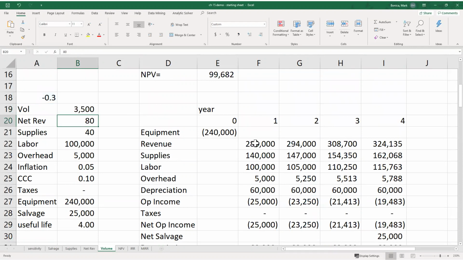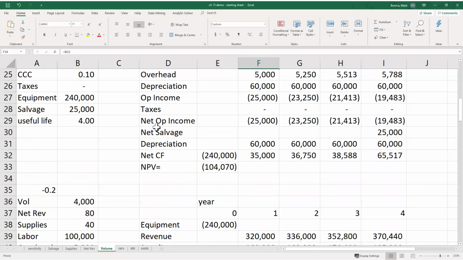Because we had built our model with volume assumptions built in, when we changed the volume, it automatically fed through our whole model. Volume impacts both revenues and supply costs, because supply costs are a variable cost based on volume.